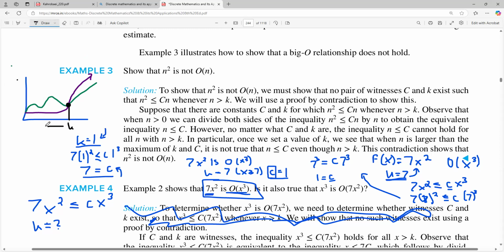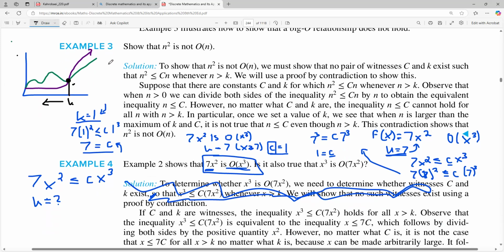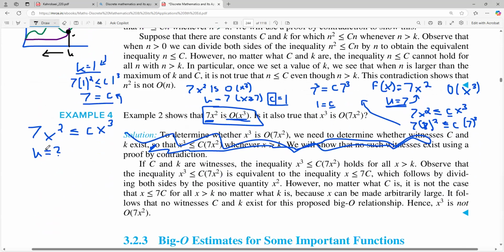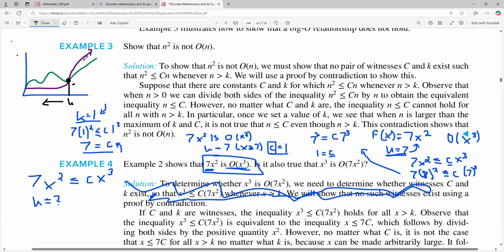What happens before k, we don't really care about. It's what happens after k. After k, we see that the purple function is always greater than the green function. So as long as we get to choose some k value and then find some constant such that the purple function is always greater than the green function, then it's big O.